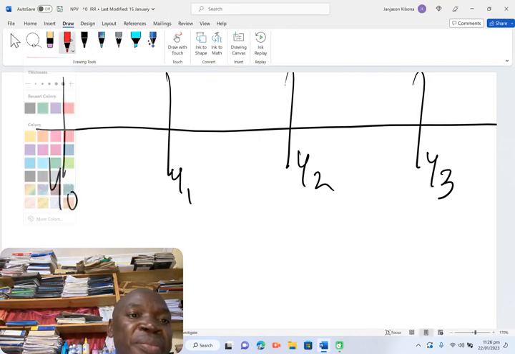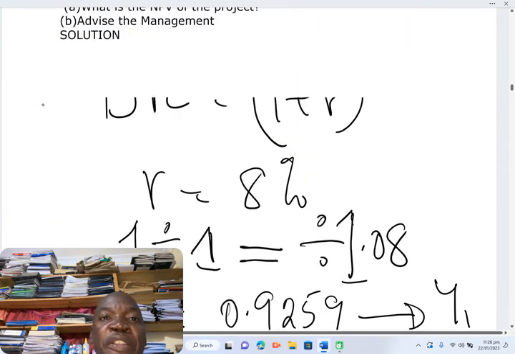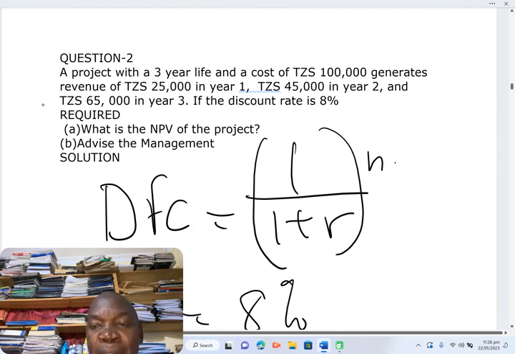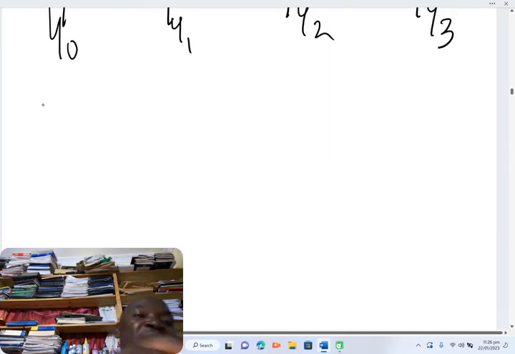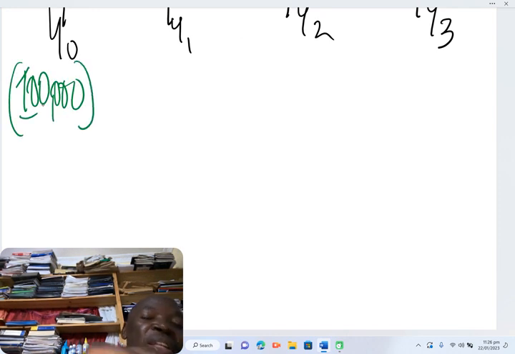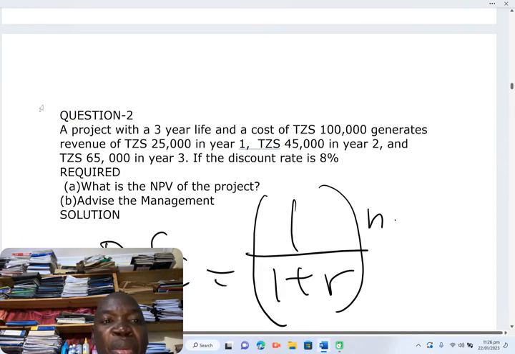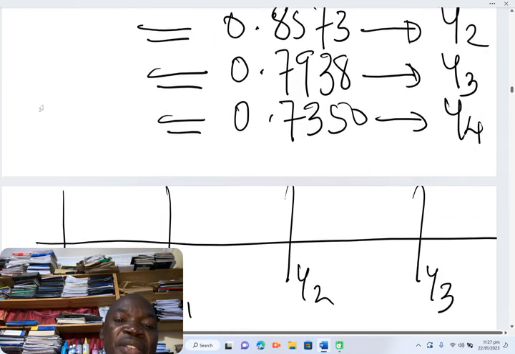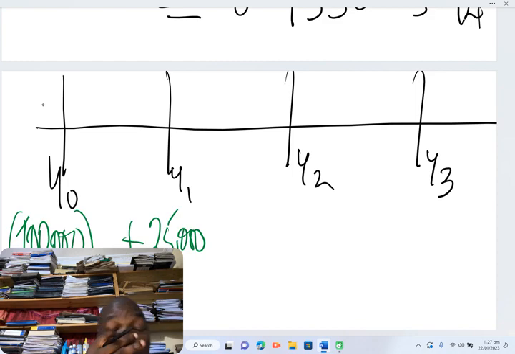Now, in year 0, there is an initial investment of 100,000. So I put 100,000 here, and this is the cash outflow. In year 1, the project generates 25,000 shillings, so it is positive 25,000.